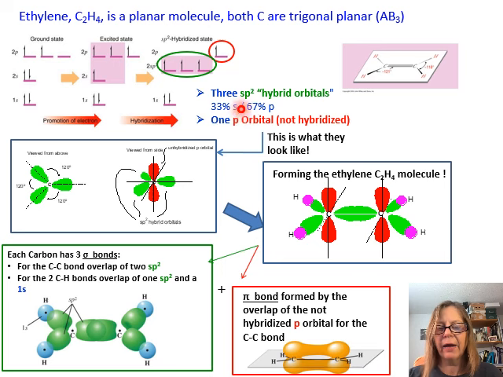These orbitals have 33% s character and 67% p character. They have a large lobe and a small lobe, and the large lobes are pointing to the points of a triangle.